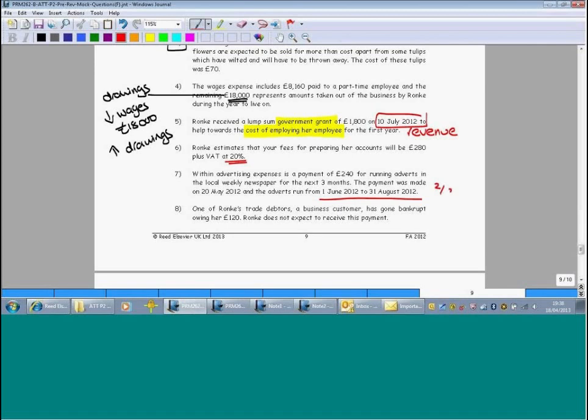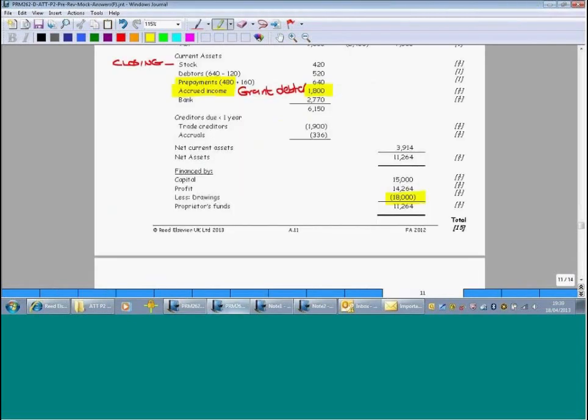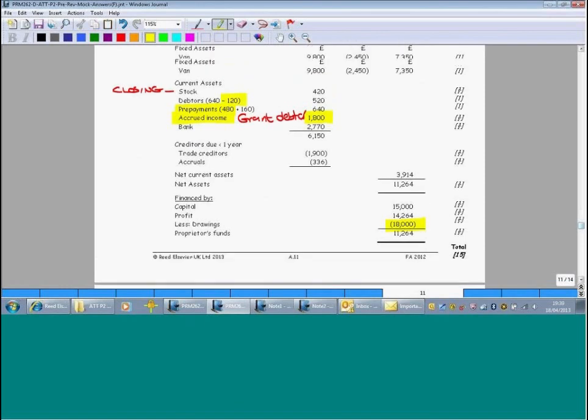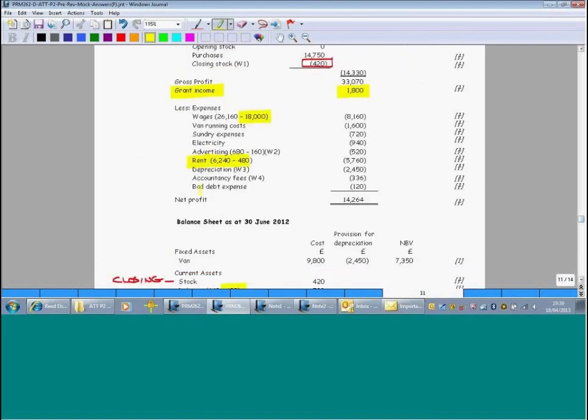So 2/3, for the months of July and August, of that payment of £240 is prepaid. You'll decrease your advertising expenses by that amount and increase your prepayments. And then finally, you've got to write off a debt, because adjustment number 8 is telling us about someone who's gone bankrupt. Writing off the debt, we're decreasing our debtor asset by that amount of 120, and we're going to have a bad debt expense in the P&L of 120.